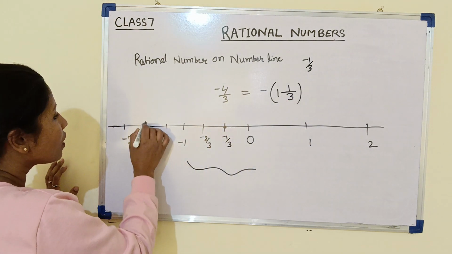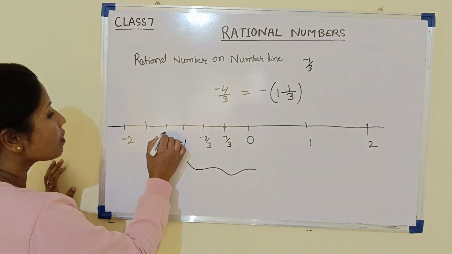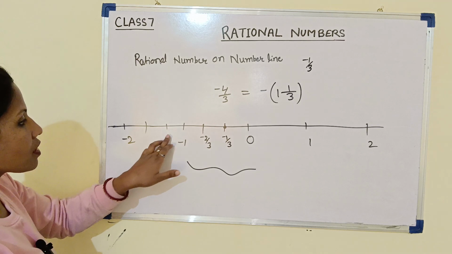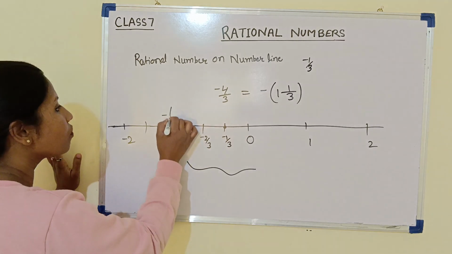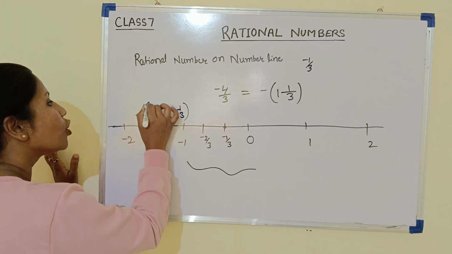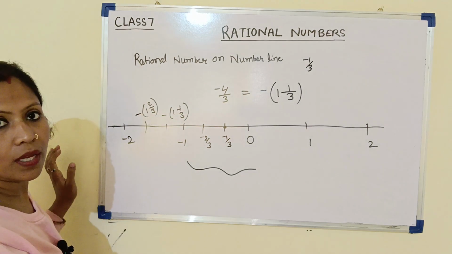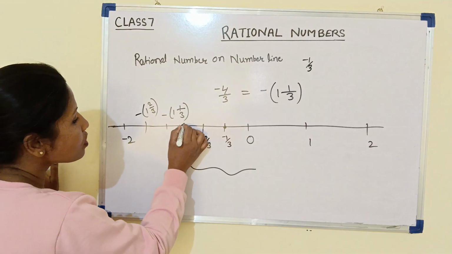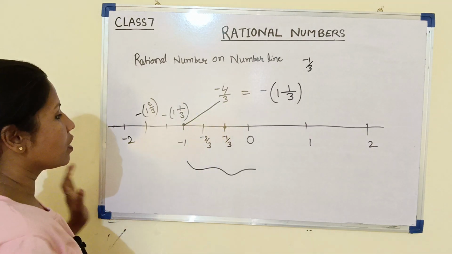So you take two curves and this will be again minus 1 by 3 and minus 1 by 3. But this is minus of 1 by 1 by 3 and this is minus of 1 by 2 by 3. 1, 2 by 3. Okay? Understood? So this point will represent the 4 by 3.